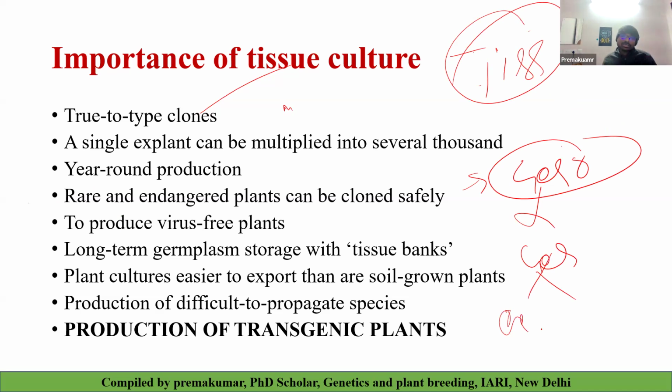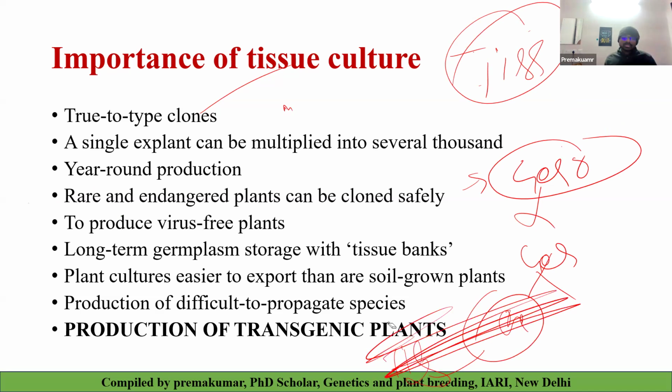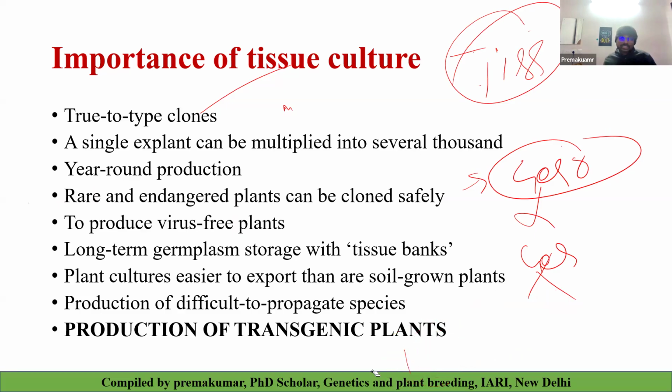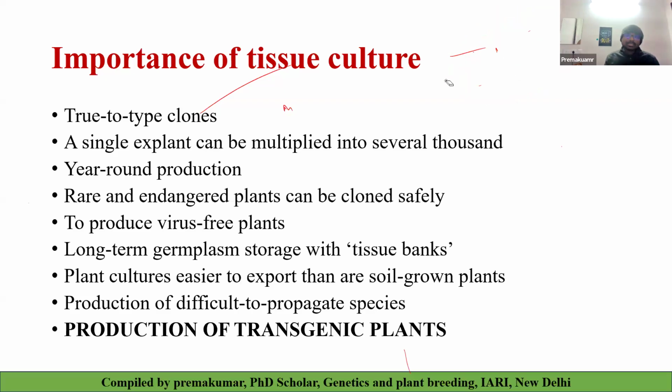In ex situ conservation, tissue culture is very important. There I will go into detail. What is cryopreservation? What are the different forms? We will discuss. What are slow growth cultures? We are discussing those things. That's why I'm not discussing much about tissue culture here.